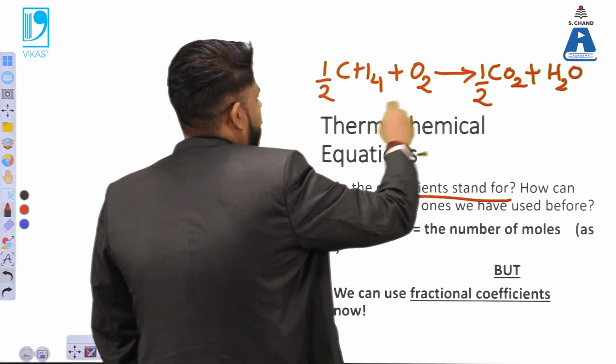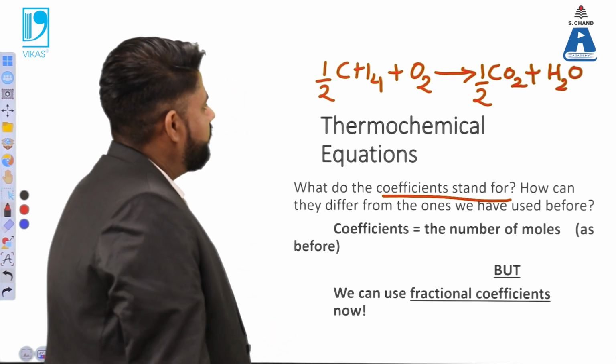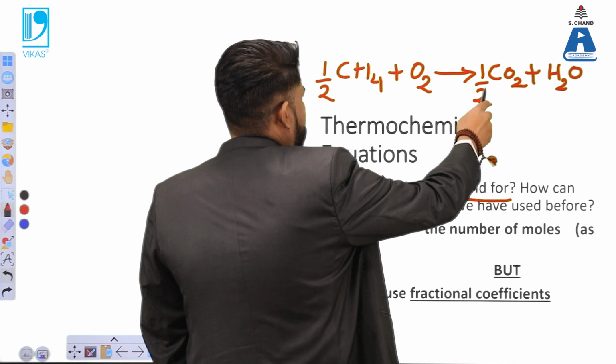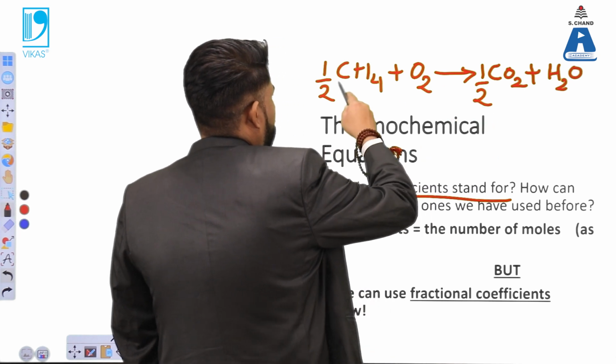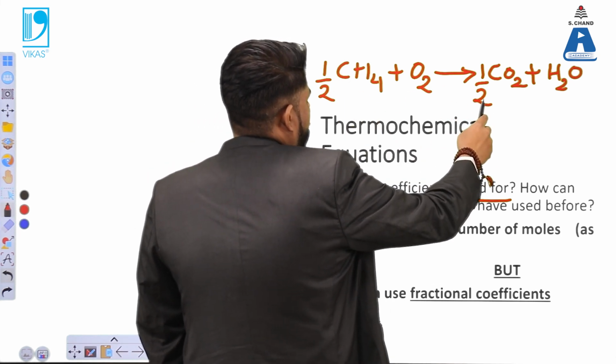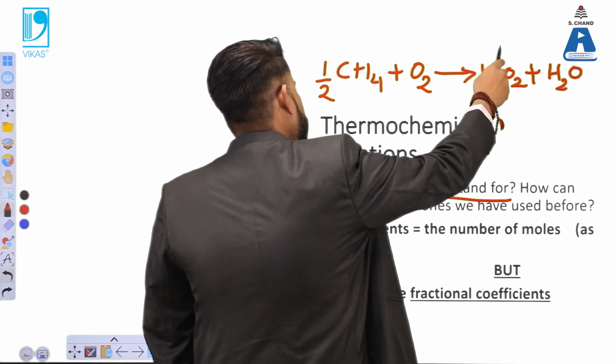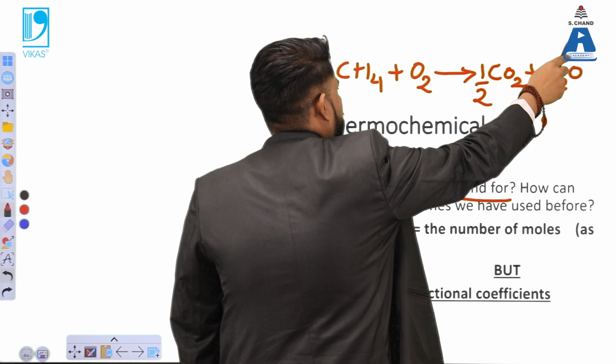When we put in this half, the equation gets balanced. Looking at the carbon with half the value, when we multiply, we get oxygen as 1, and here also we have 1 oxygen.